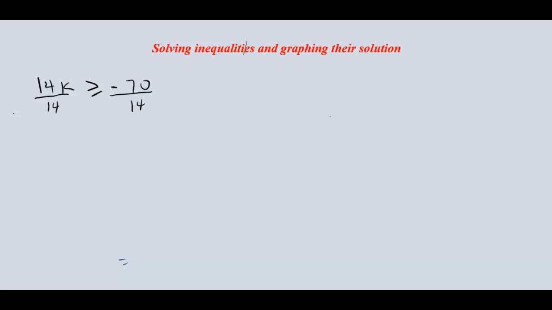Once you decide what to do on this side to get k by itself, you apply the same thing on the other side. 14 divided by 14 is 1, so 1 is neutral. You have k by itself greater than or equal to -70 divided by 14, which is -5.